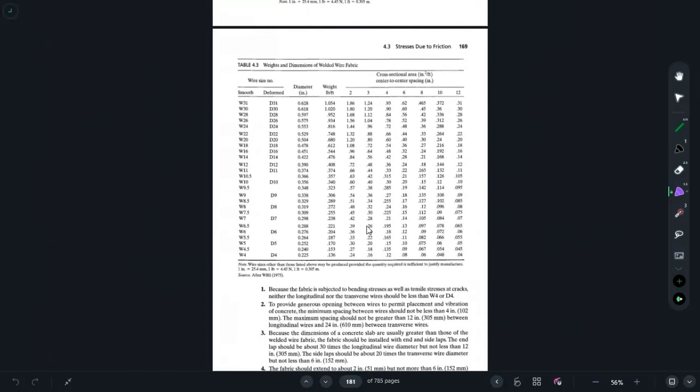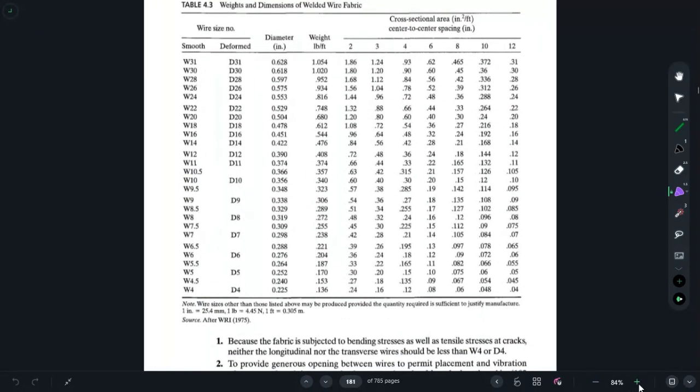Well, this is the table we will use for bar numbers. See, for longitudinal reinforcement, I need a value of 0.105 inches squared per feet, and I know the spacing.